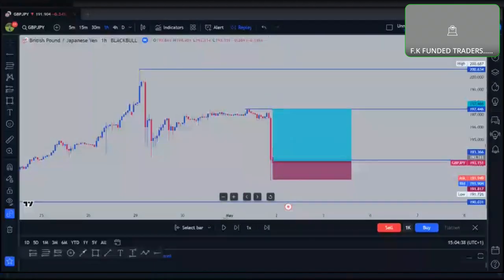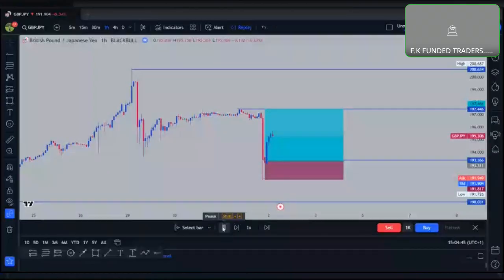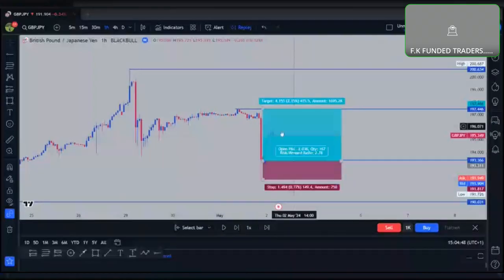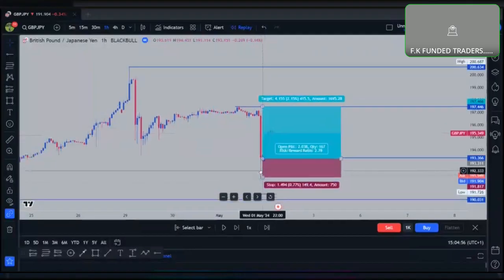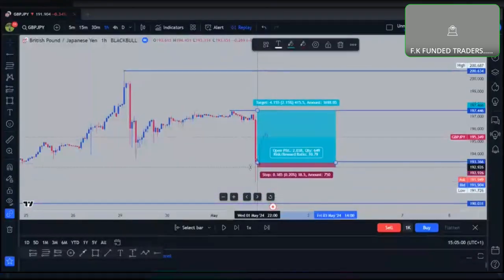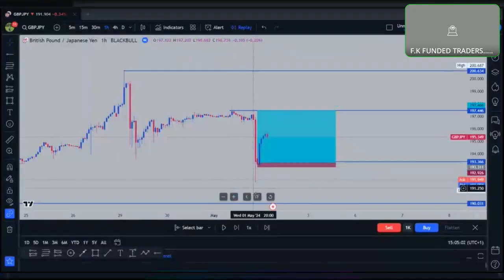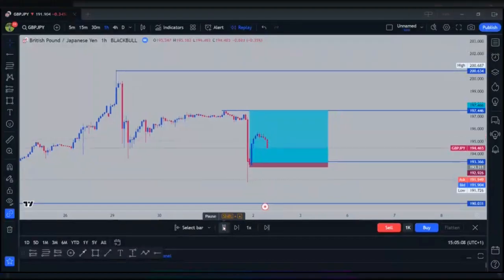Now let us give the market opportunity to go on and see. You're going to find that this guy was fooled, but he is making money. Since he was a good trader, he had to take some profits from there because the setup was respected. Clearly respected. He even had to move to break-even. You know what traders will do. So after getting break-even, let us see what is happening. Are you seeing?